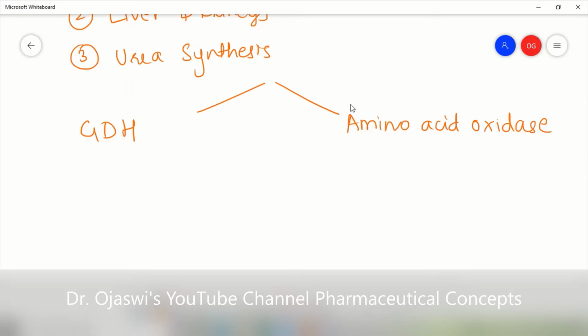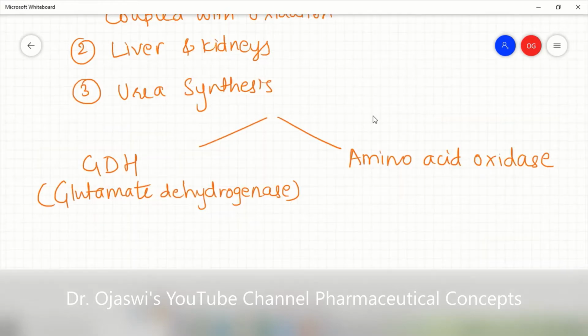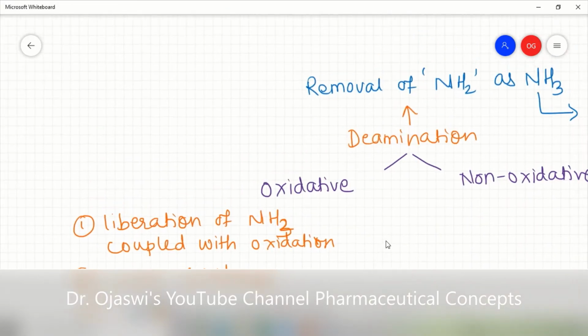And what is GDH? GDH is glutamate dehydrogenase.